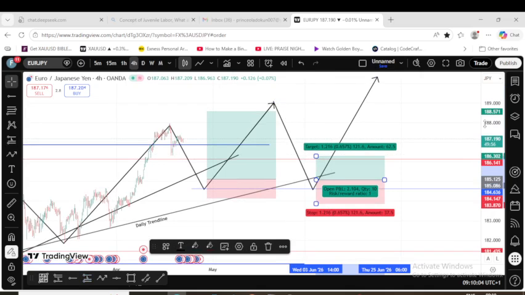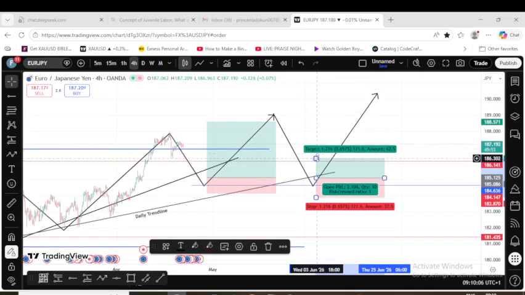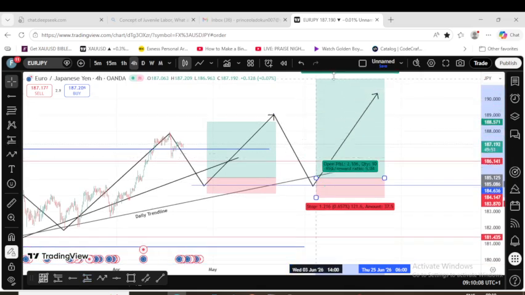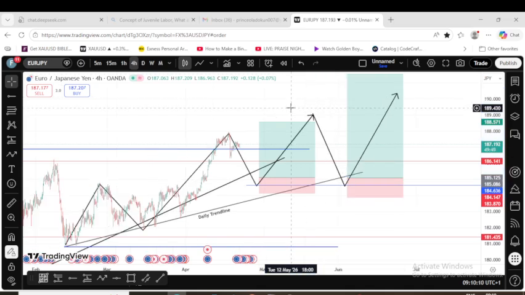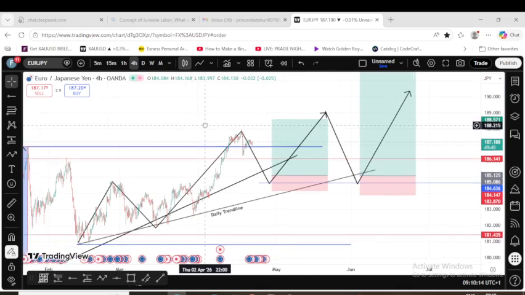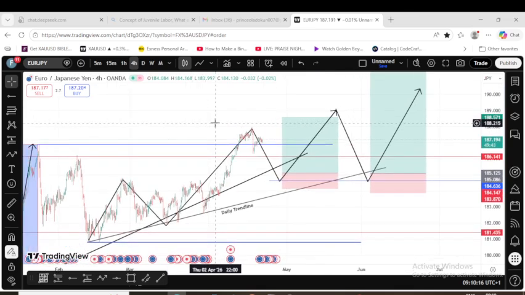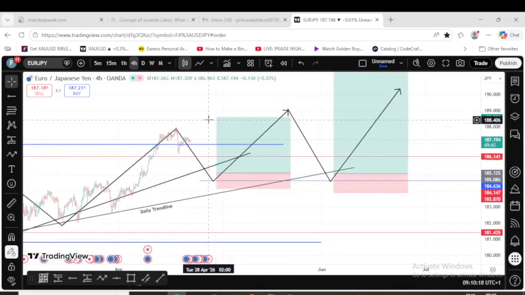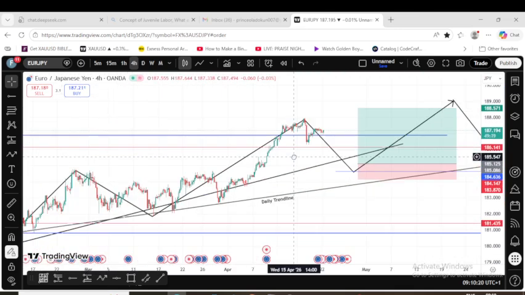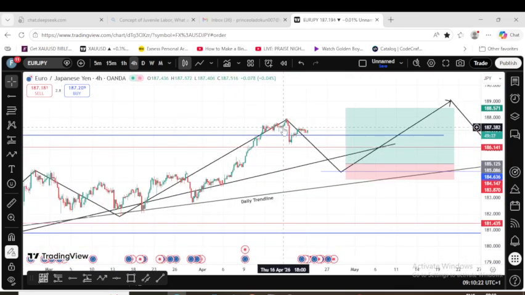And this second trade will be able to target even more than the first trade. Of course, this is just a very rough overview of what price is doing, but this is essentially what I do when I'm looking for trades.